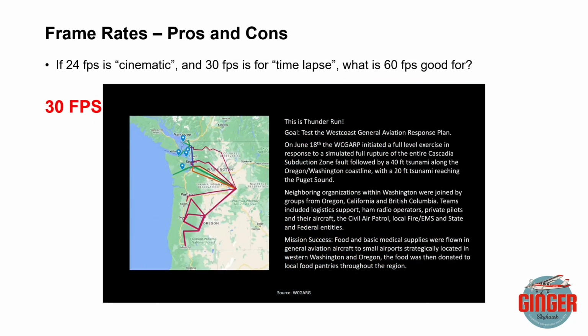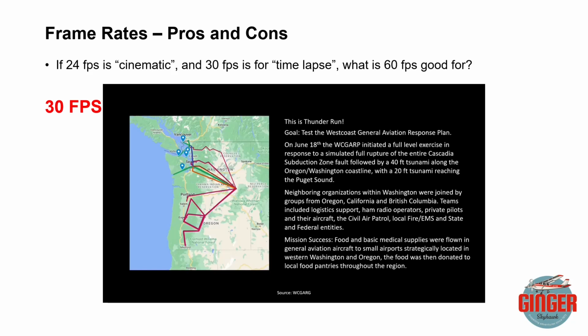So, frame rates. Frame rates are something that is a bit of an art form, and I've heard people who really know their stuff about filming different videos talk about frame rate, and they have their opinions on it. What I've always been told is that 24 frames per second is cinematic, and that gives you that big movie kind of feel. 30 frames per second is what I usually use when I'm flying.